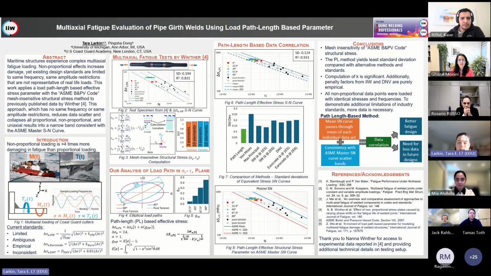So the ASME master SN curve does have correlated data points for all sorts of welding processes. This is the first I've used it for particularly the path length method. So I don't believe it's been really tested for multi-axial fatigue, but the ASME curve does have data points from other welding methods.